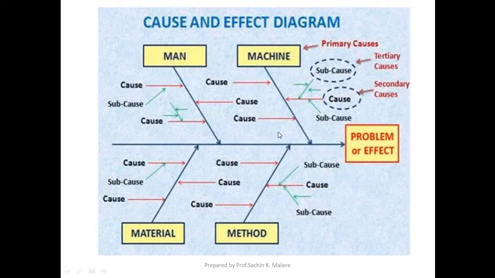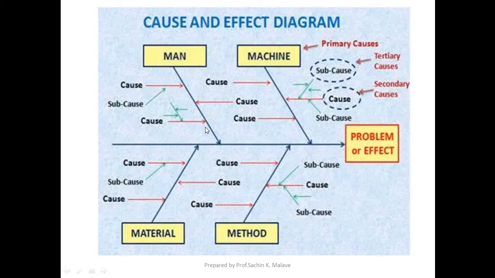Defects in any production method are mainly due to factors like man, machine, material, method, and environment. These are a few parameters which are responsible for production of a defective part. There may be one reason or there may be a combination of reasons, so it is necessary to find out the exact reason behind production of the defective part.